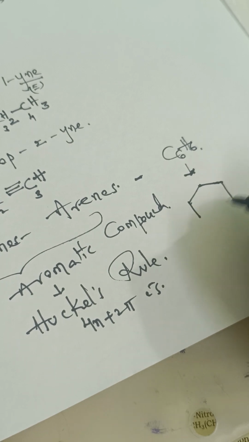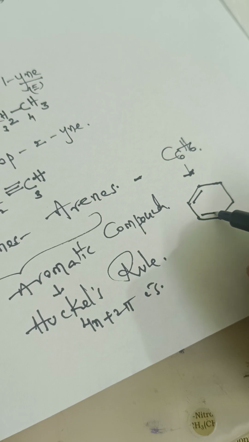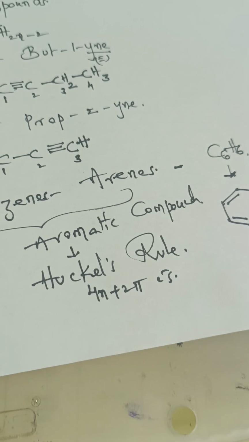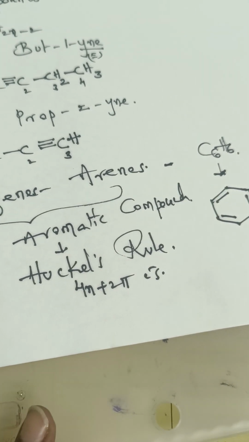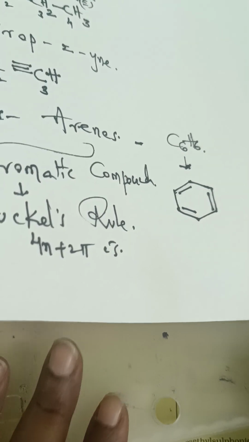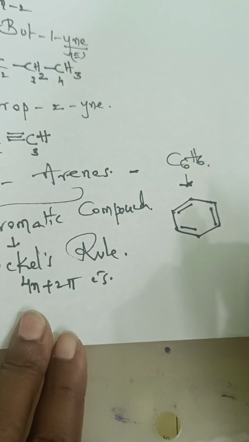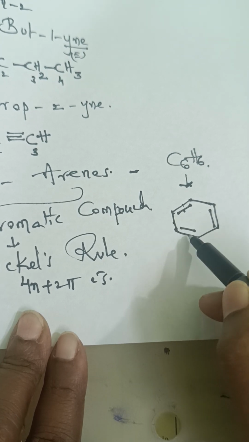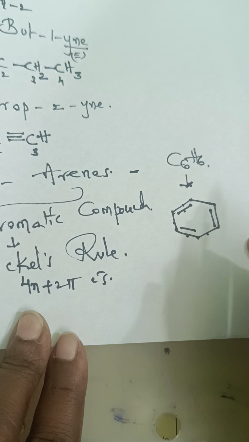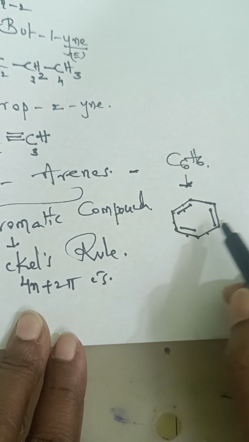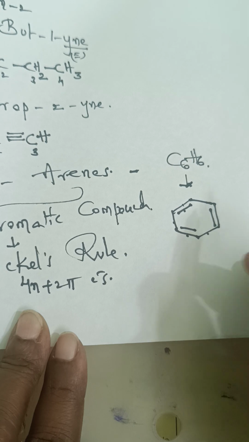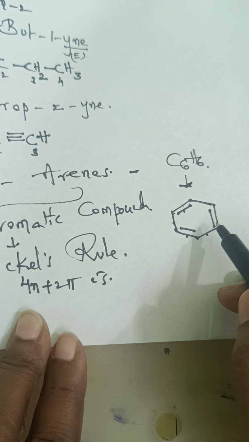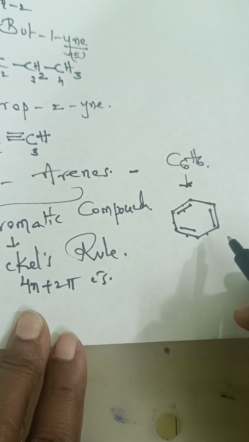If you observe this structure, this is a single bond, a double bond, single, double, single, double. Alternate single and double bonds are present. If alternate single and double bonds are present, the system is termed a conjugated system.